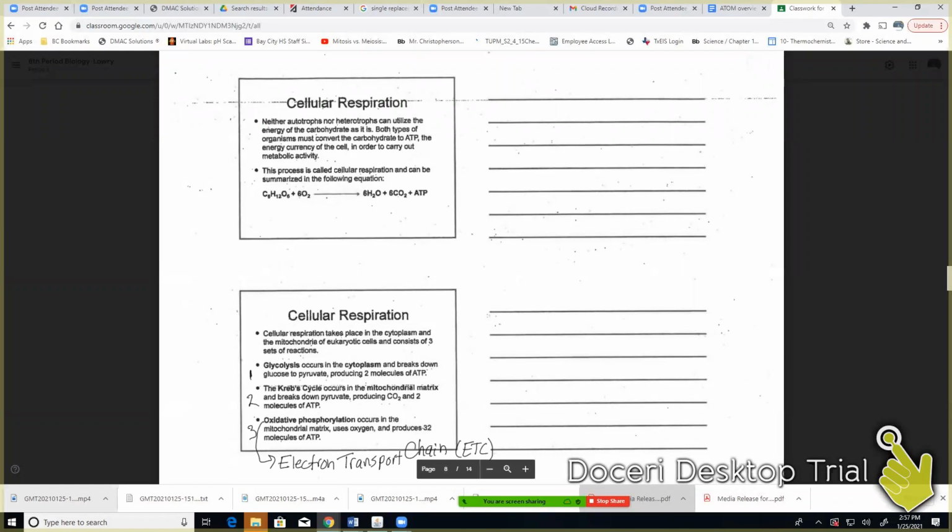So glycolysis is the first part, and it actually occurs in the cytoplasm before it gets to the mitochondria. And it starts to break down a glucose, and we get 2 molecules of ATP from that little small portion.